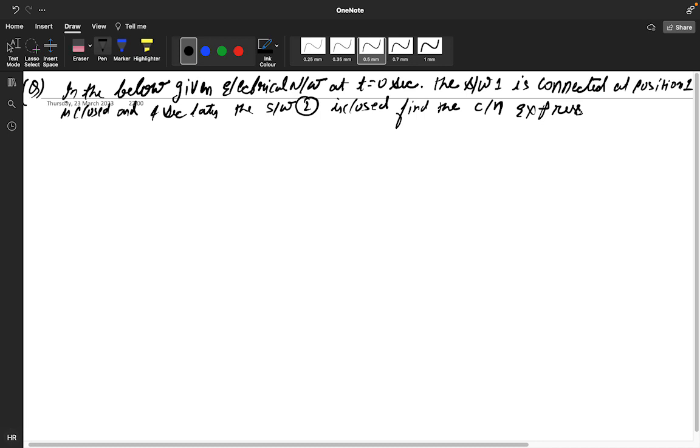So the same concept will be applicable. Current expression for t greater than 0.